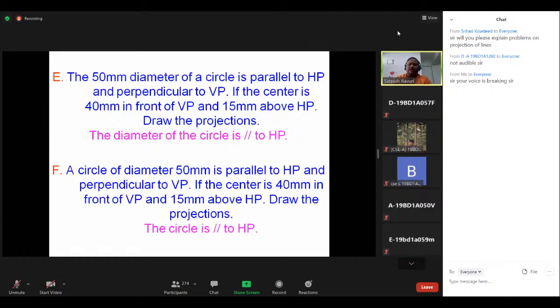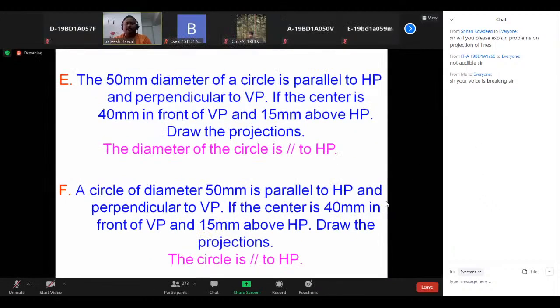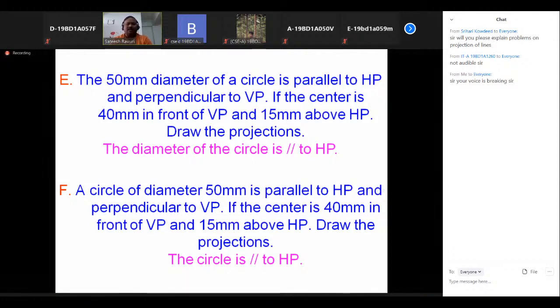In case of perpendicular, we'll get the line. In case of planes, when the surface is inclined, there will be partial reduction in the shape. So parallel will give you true shape, perpendicular will give you maximum reduction, that is one dimension will be neglected, inclined will give you a partial reduction in the shape of the given object.